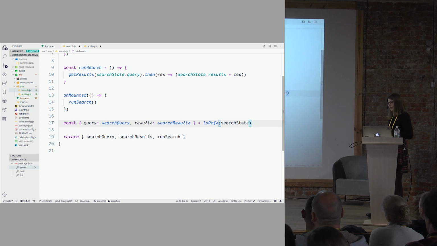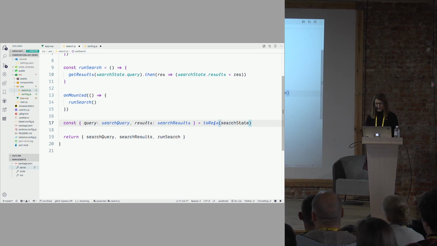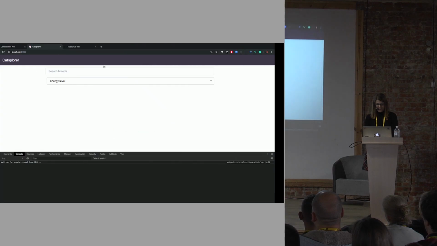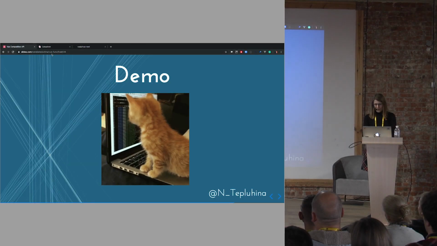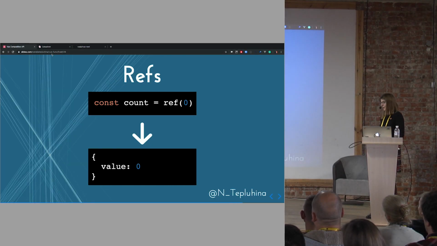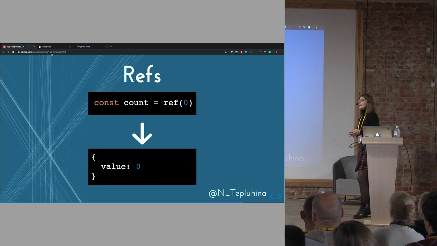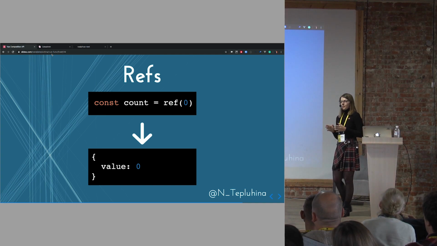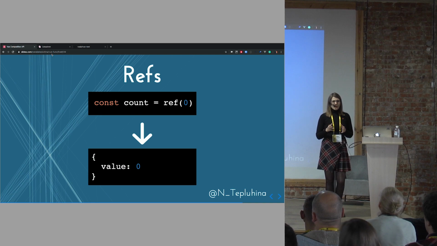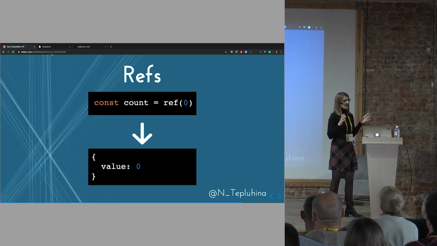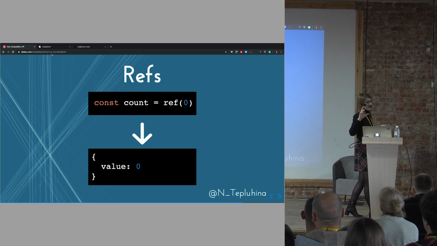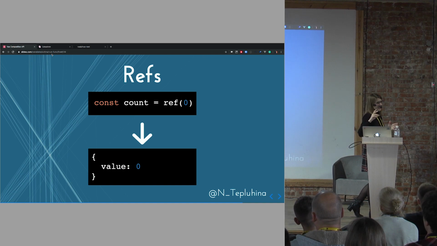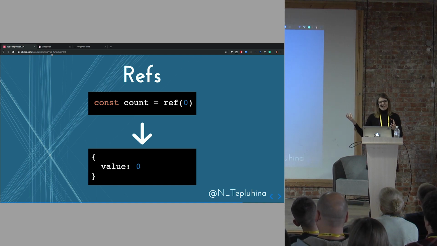So we are converting reactive state to refs. And what is the ref? In fact, ref is created in Vue to make some primitive value reactive. Because when we're using reactive, we're working with an object with a set of properties. But what if I want to have a nice reactive primitive?